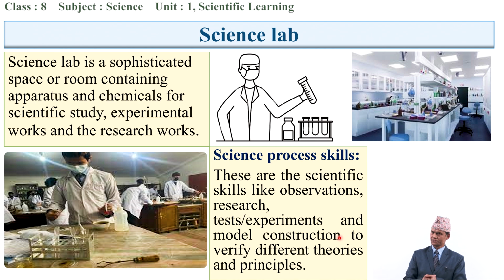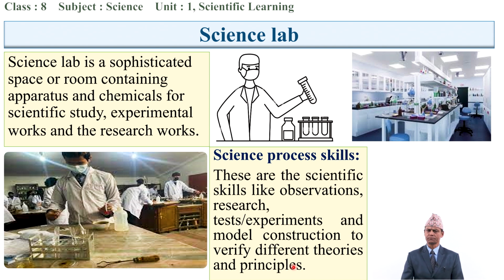And model construction also. Different types of models we have to make, isn't it, to study science very easily based on the fact and content. So, verify the different theories and principles. Why do we follow the science process skill?